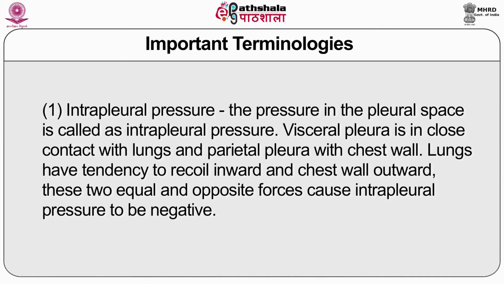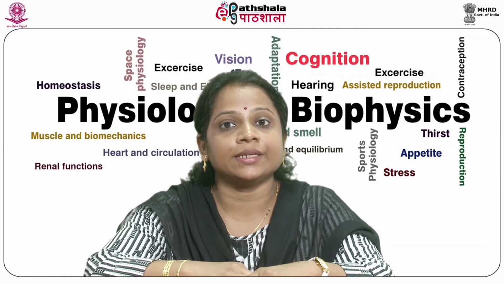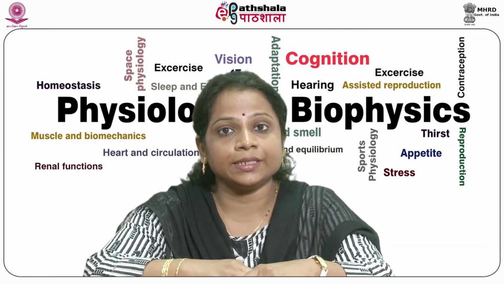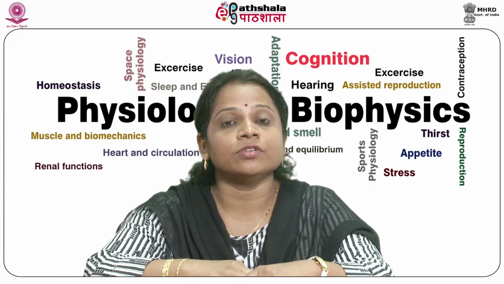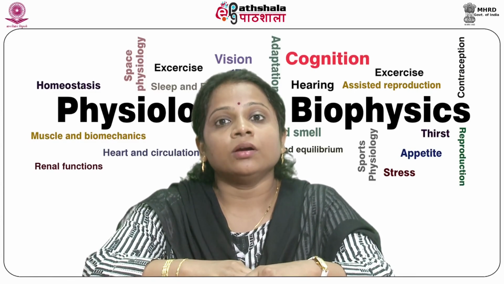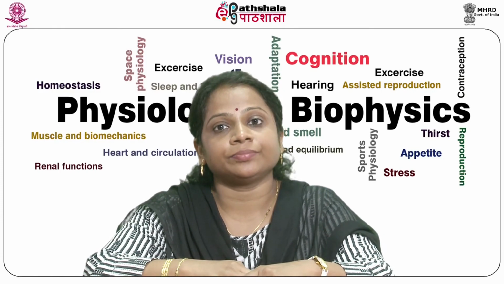These two equal and opposite forces cause intrapleural pressure to be negative. Thus, intrapleural pressure is negative during quiet breathing and becomes more negative during forced inspiration. Only during forced expiration may it become positive.